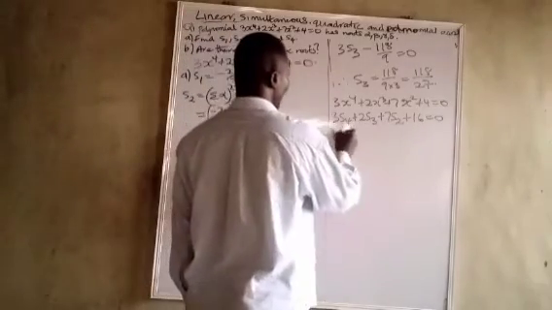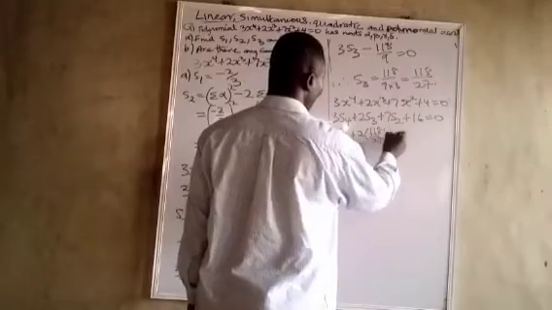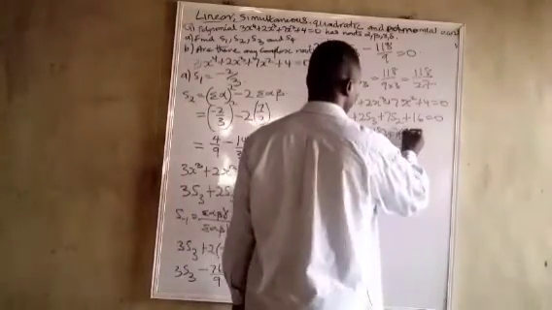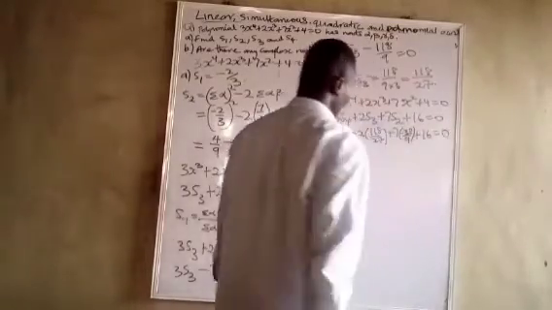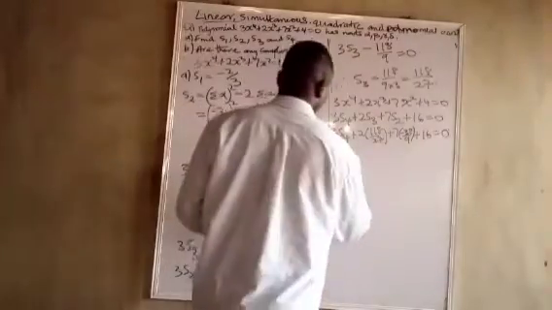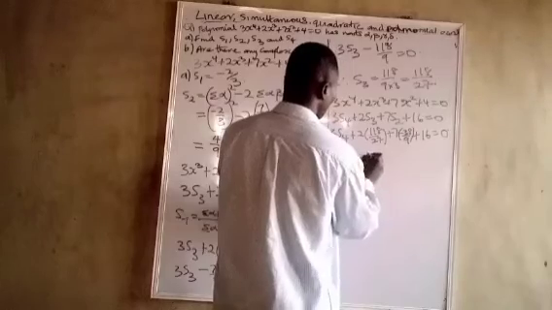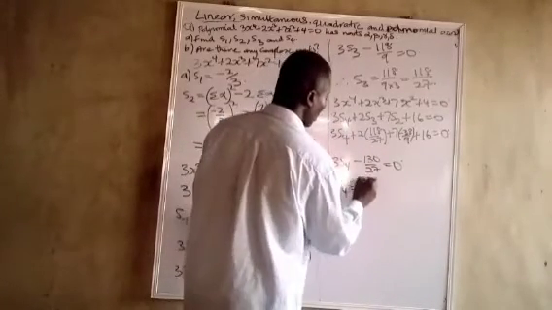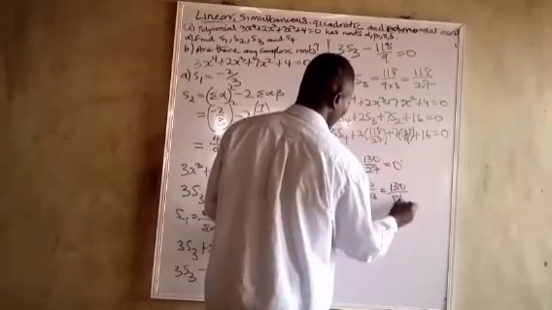So we have 3s4 plus 2 into 118 over 27 plus 7 into s2, which is minus 38 over 9, plus 16 equals 0. Now let me work it out. So this gives me 3s4 minus 130 over 27 equals 0. So s4 equals 130 over 27 times 3, which is 130 over 81.